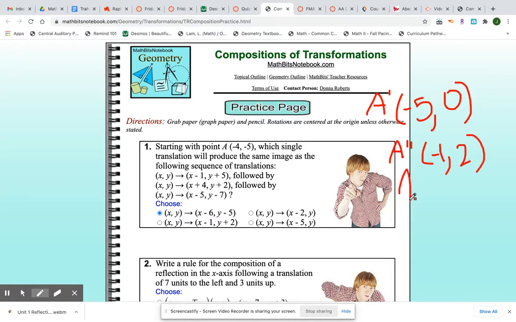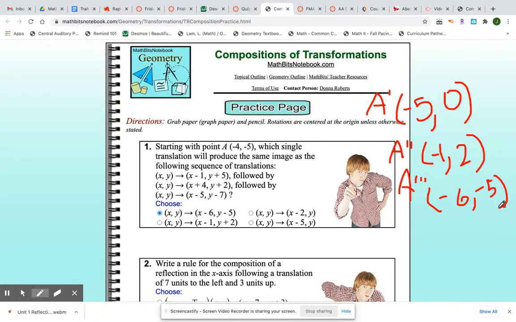And now for my third, so that's 3. There we go. All right, using this point's coordinates, I'm going to subtract 5. So that would be minus 6, right? Okay. And then I'm going to subtract 7, and that's a negative 5. All right, so this is going to be my end result.